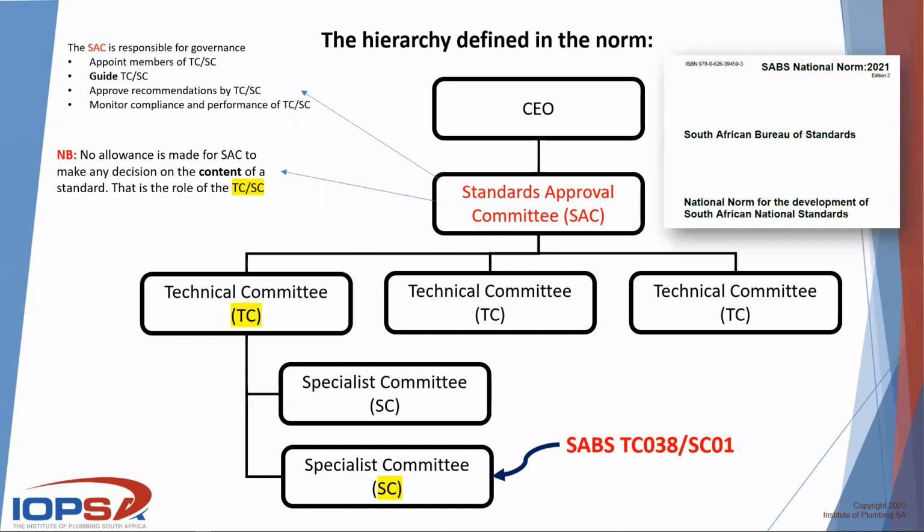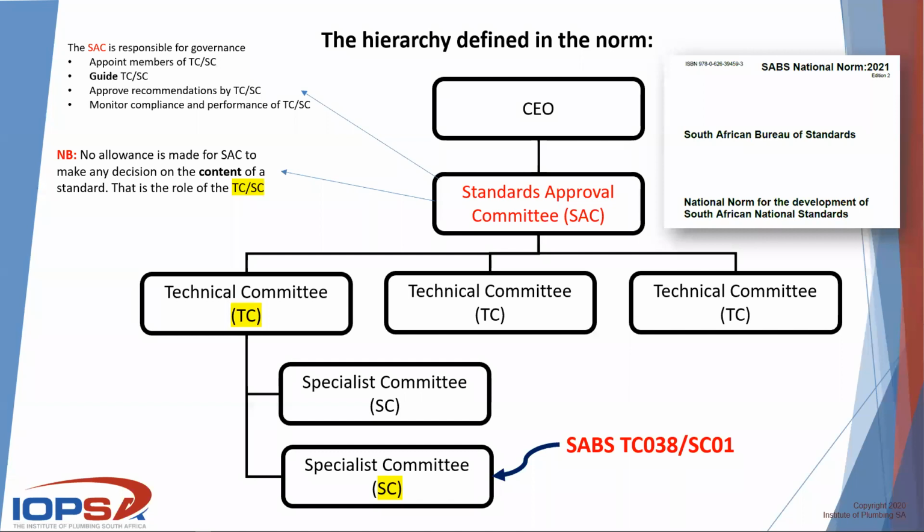And they have to monitor compliance of this whole process, if everything is done in accordance with the national norm. What is important there is the SAC does not have the right or the authority to determine any requirement, to make any proposal of what the requirement should be.